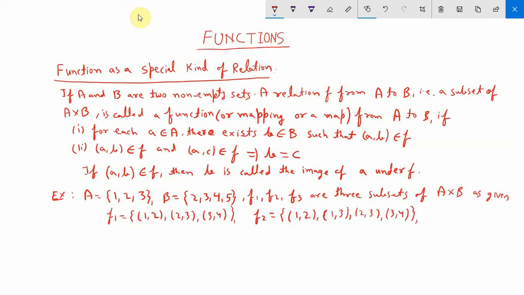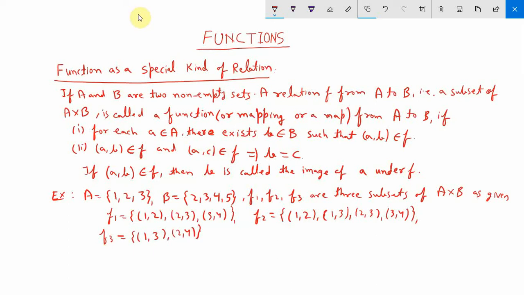F3 is {(1, 3), (2, 4)}. So if we see this, can we say whether F1 is a function from A to B?